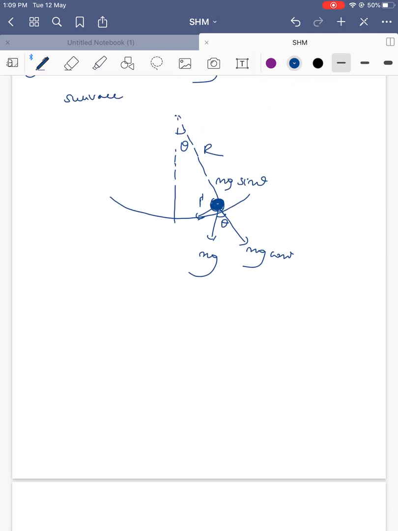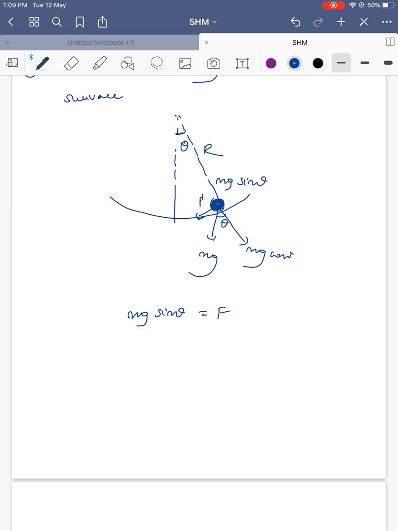So the net force is mg sin theta, which is equal to ma, mass into acceleration. The m gets cancelled.